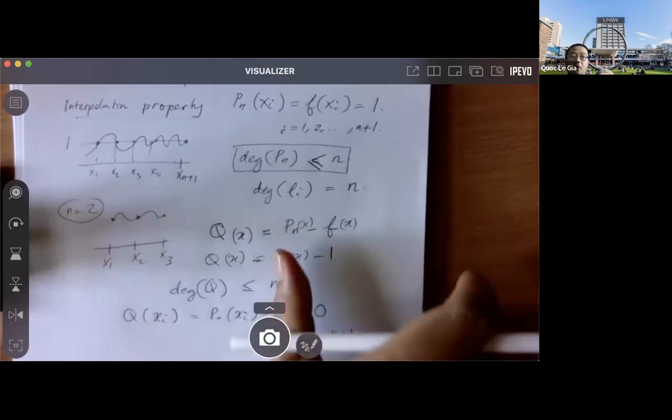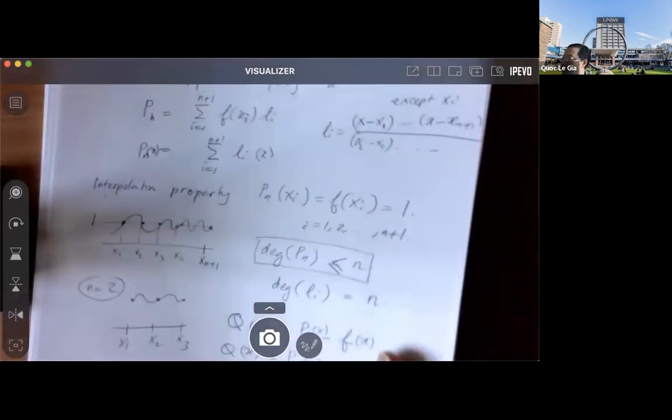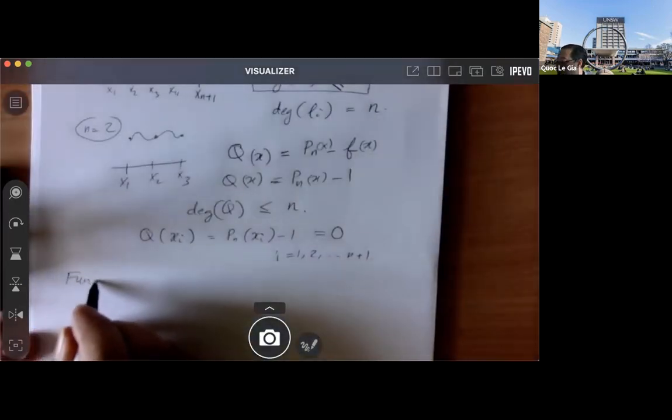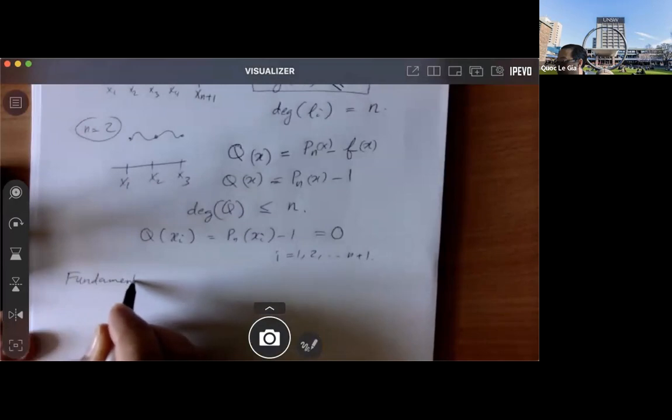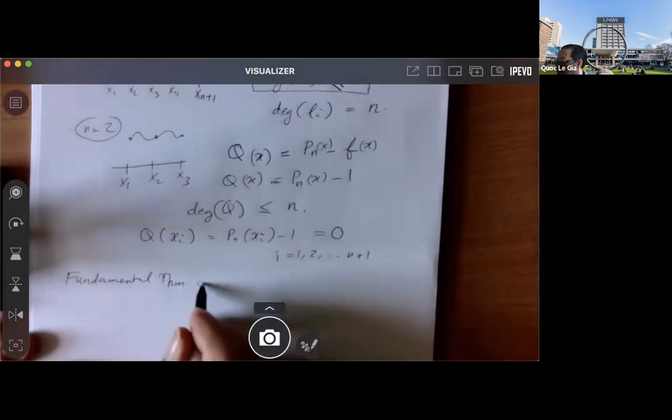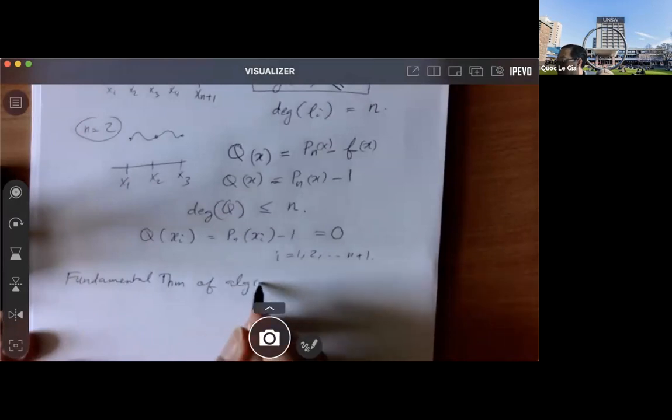Then we use the fundamental theorem of algebra.